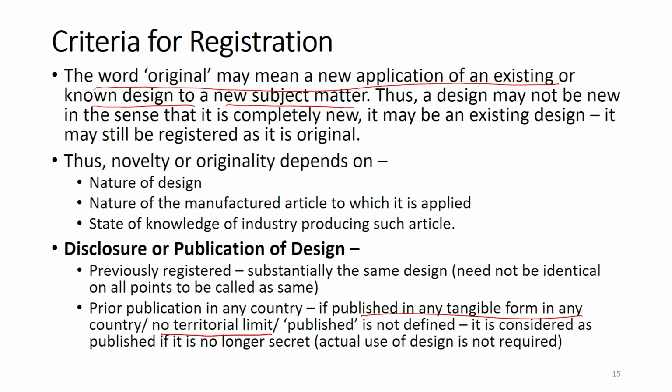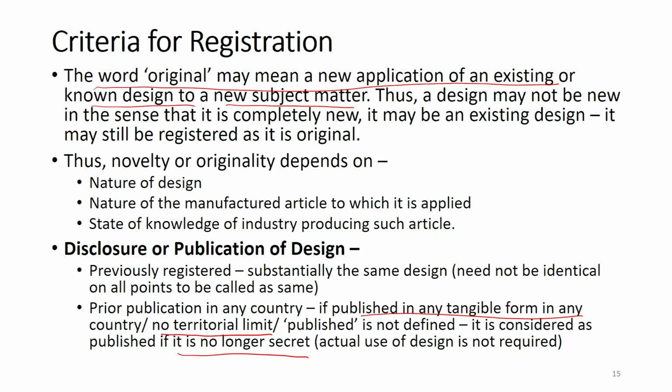The idea is it is published if it is no longer a secret. And keep in mind that in order to be called as published or disclosed, the actual use of design is not a requirement. So, a design is disclosed if it is previously registered, a similar design is previously registered. A design is disclosed if it is published in any tangible form anywhere in the world. There is no territorial limit. So, a design is published if it is no longer a secret.